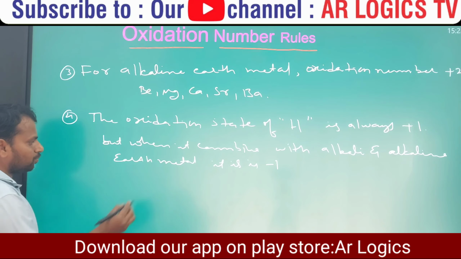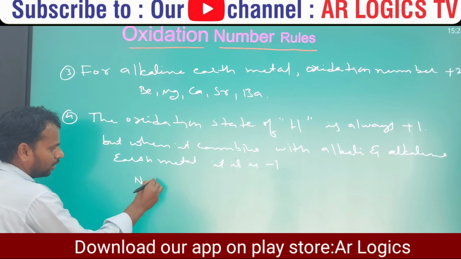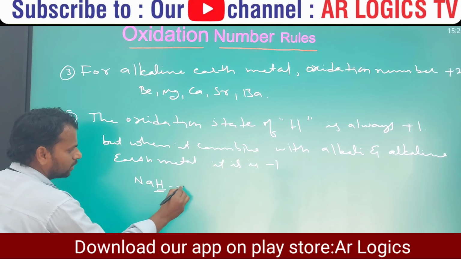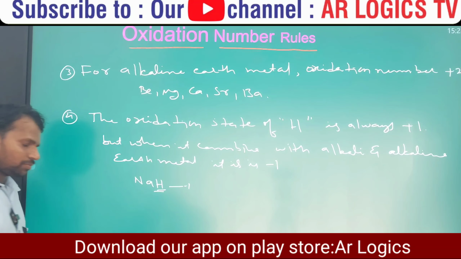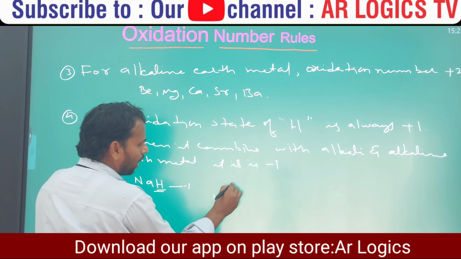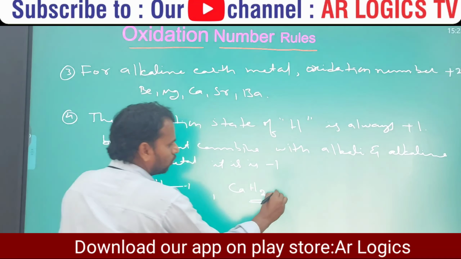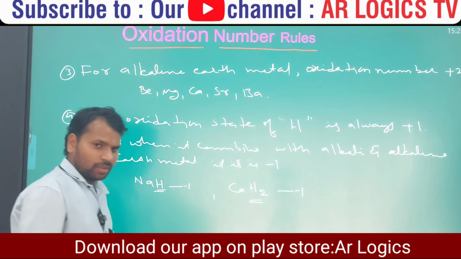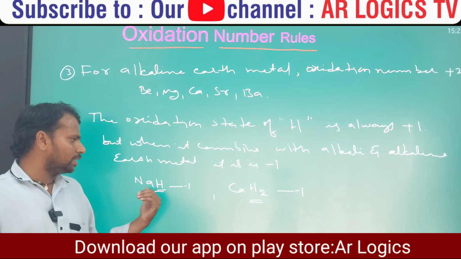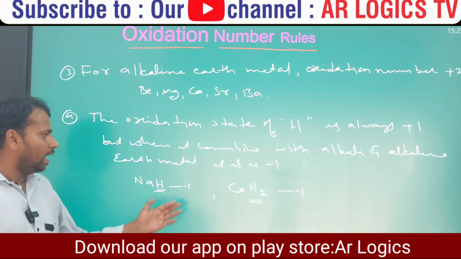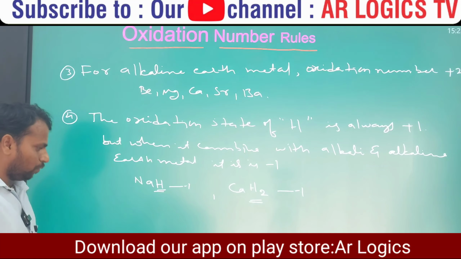For example, sodium hydride. In sodium hydride, the oxidation number of hydrogen is -1. At the same time, in calcium hydride, the oxidation number of hydrogen is also -1. In other cases it's +1, but when combined with alkali or alkaline earth metals, it is -1. That is rule number 4.